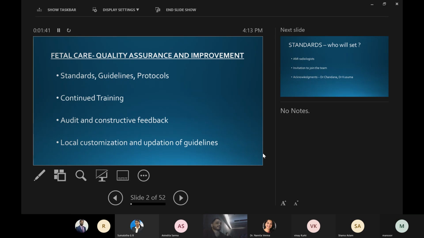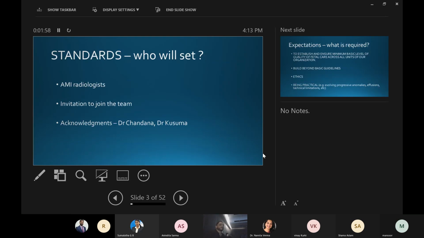And all these standards, guidelines, and protocols, what are they? These are international guidelines which we have to locally customize and fit according to our setting. And from time to time, we have to update these guidelines. So who will set these guidelines?